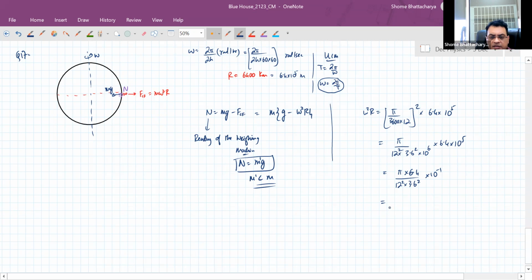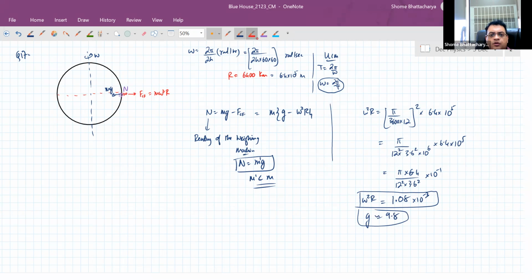So I'm getting something like this: 1.08 into 10 raised power minus 3. This is the value of omega square r. And g is, even if you take it as 9.8, you can see the percentage error is very small, no? Because this factor is very small compared to g.